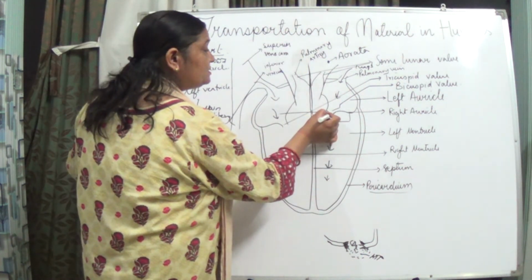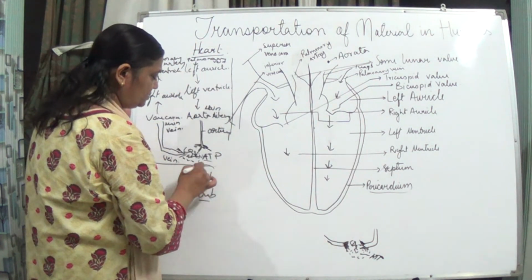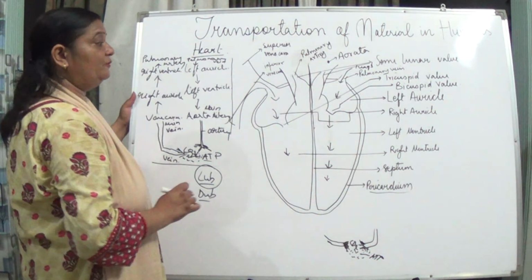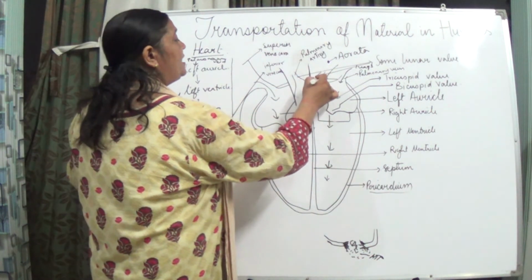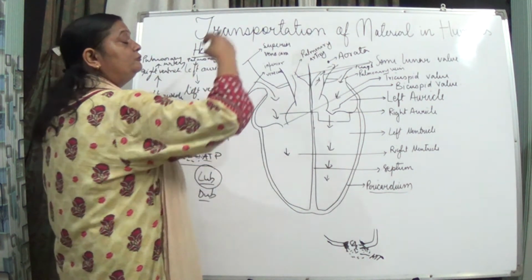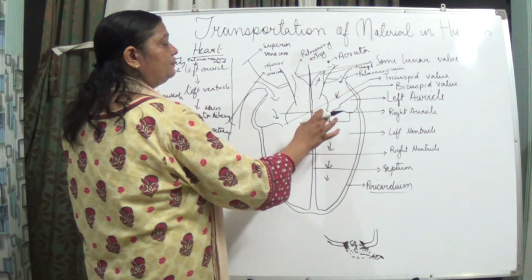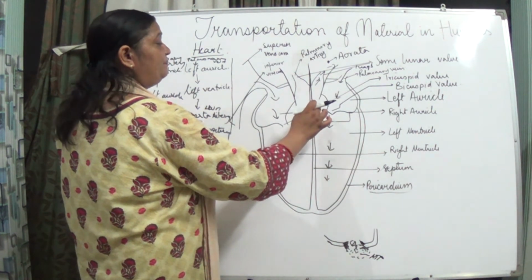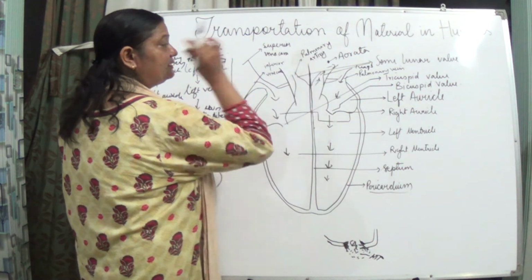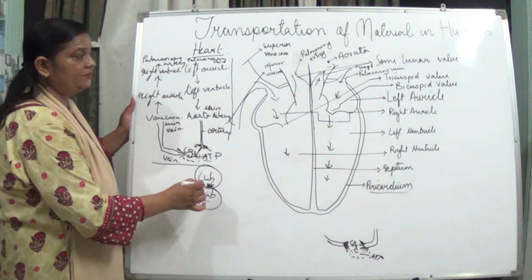So this closing of the bicuspid valve produces the sound, that is the lub sound. Once the blood has moved out through the semilunar valve to the aorta, to the body, the pressure is released, and the semilunar valve gets closed, producing the dub sound.